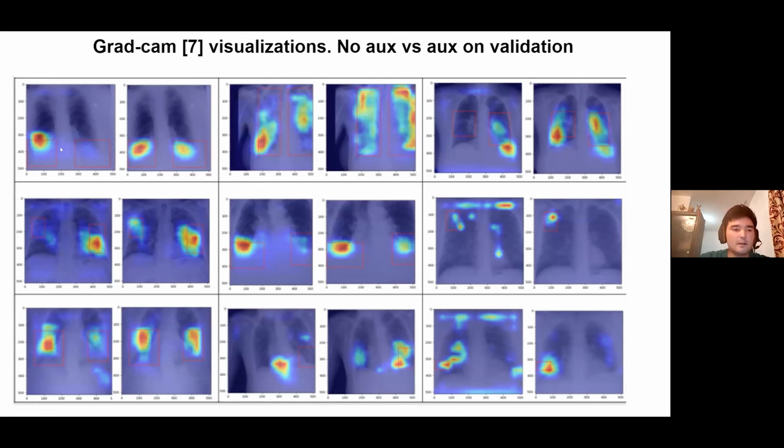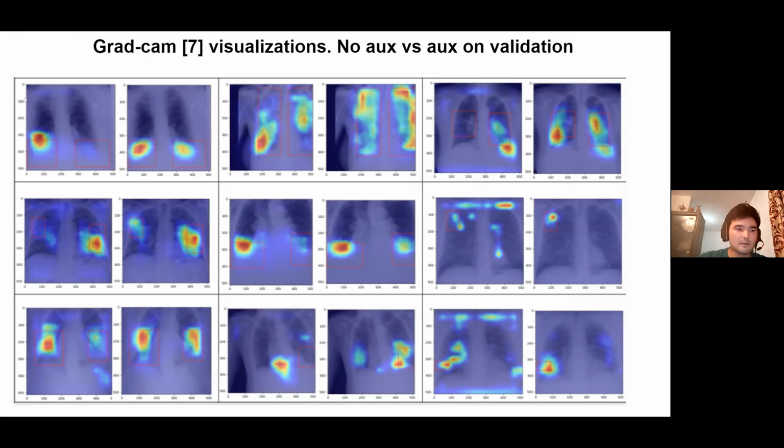Firstly, these are Grad-CAM visualizations, showing where the model focuses to make predictions. As you can see, the model usually tries to focus on these opacity regions, which are given with red bounding boxes.